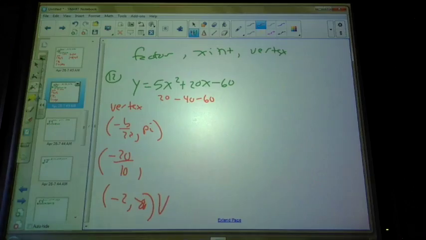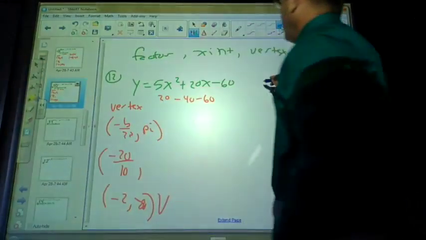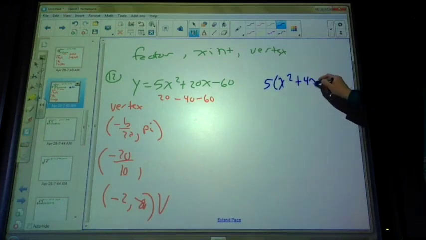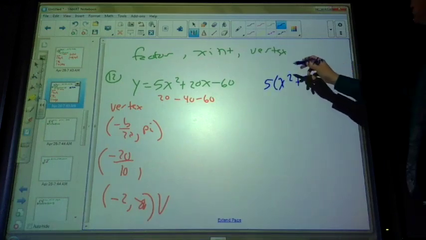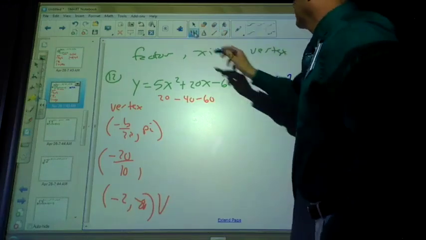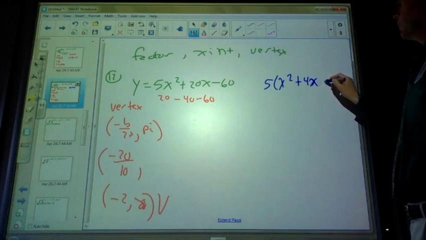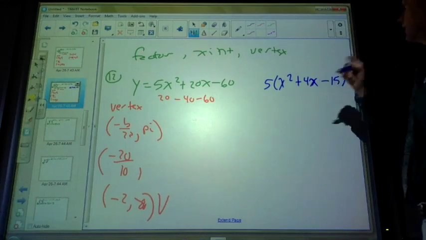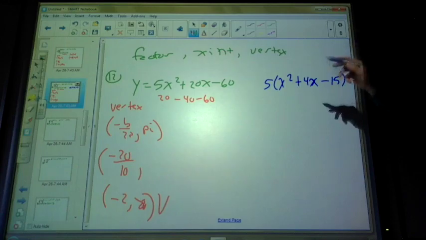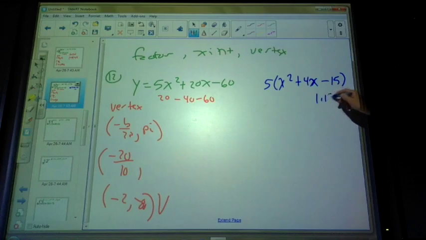X-intercepts, well, let's factor it first. To factor this one, we have to realize we have a greatest common factor. It's a minus 15. The factors of 15: 1 and 15, 3 and 5.